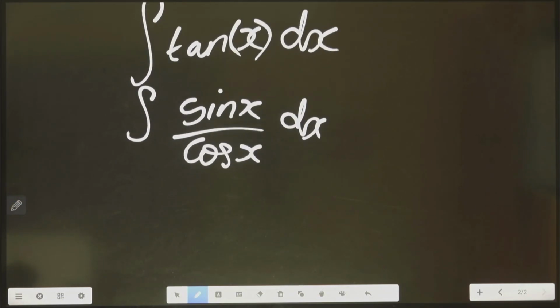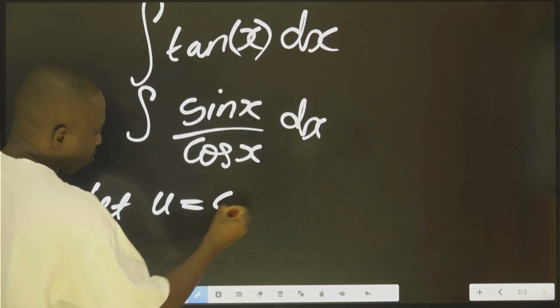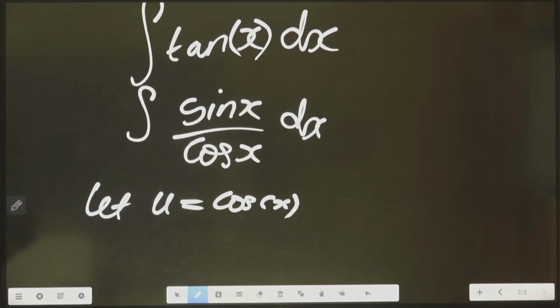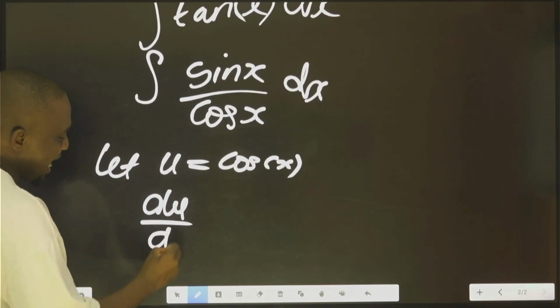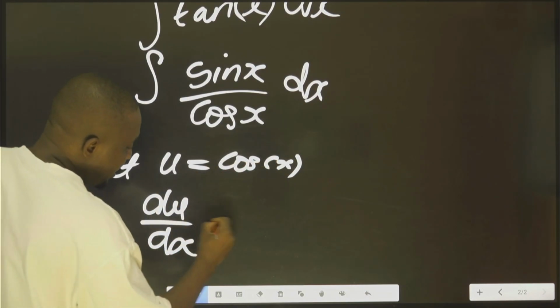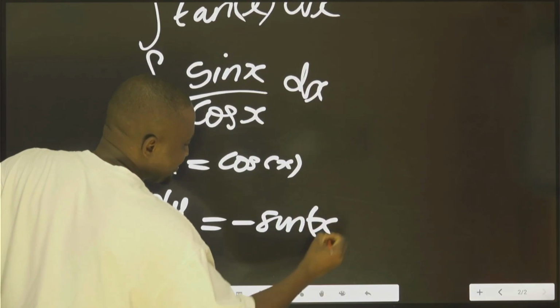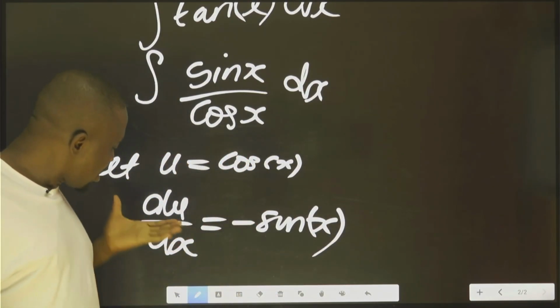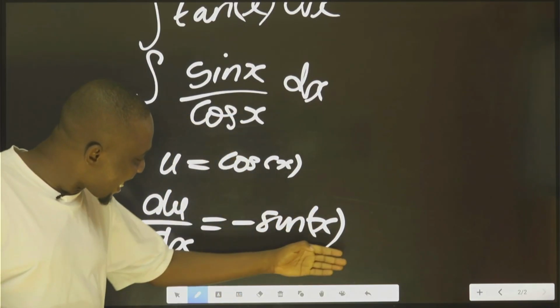Now, let's select u to be equal to cos x. If I do du over dx, you agree with me it equals minus sin x. When you differentiate cosine, you are going to have minus sin x.